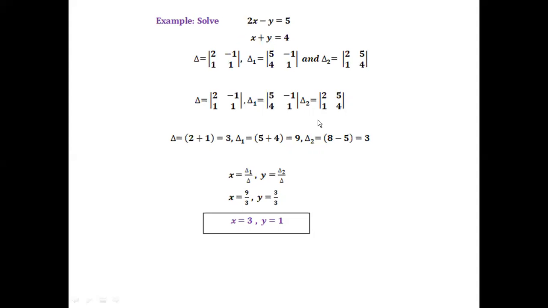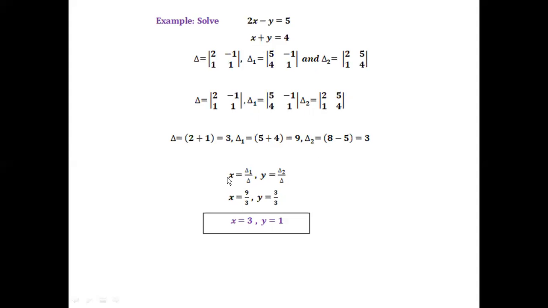Now solve these three determinants of order 2 by 2. Thus we get delta equal to 2 into 1 is 2, minus minus becomes plus, so 2 plus 1 is 3. The value of delta we get is 3. Similarly delta 1 is 9 and delta 2 is 3.